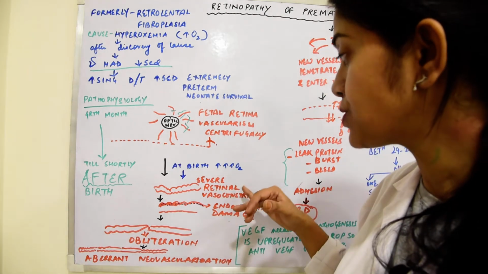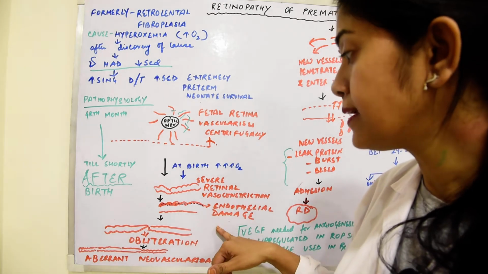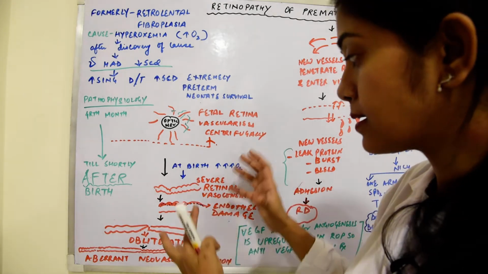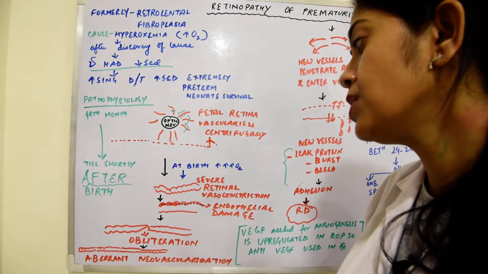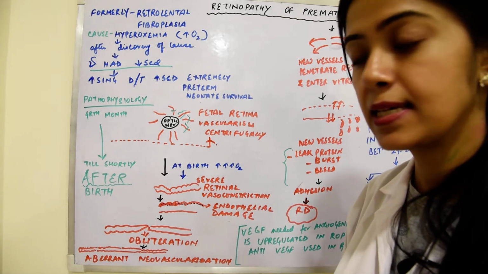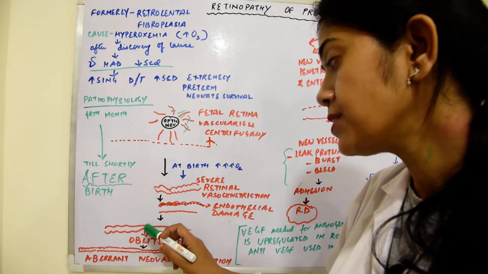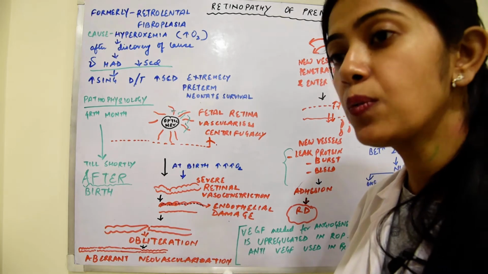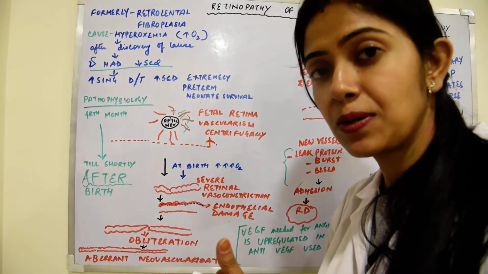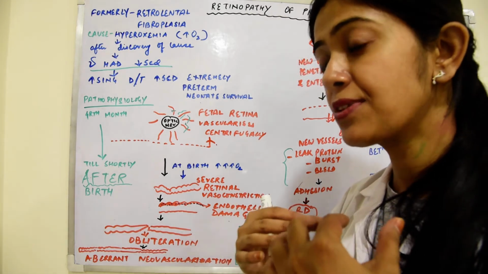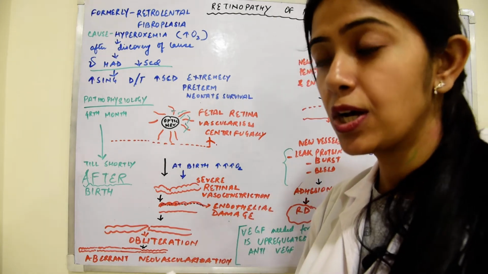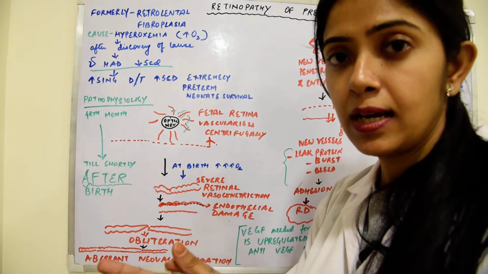So vasoconstriction leading to endothelial damage leads to obliteration of the blood vessels. Now when there is obliteration of the blood vessels, we always know that there is neovascularization. The blood vessel tries to find its way out through the blocked path.